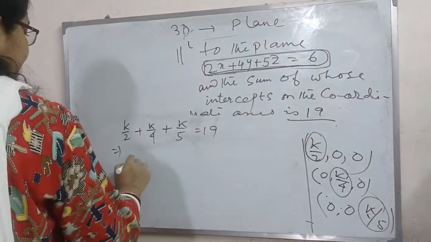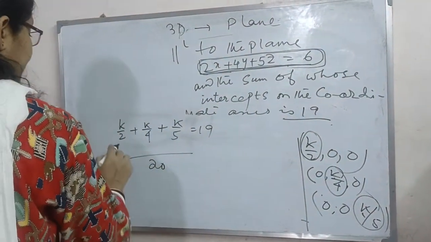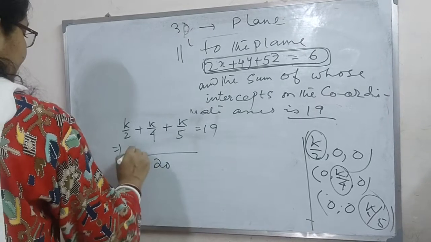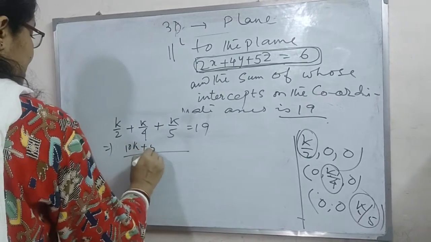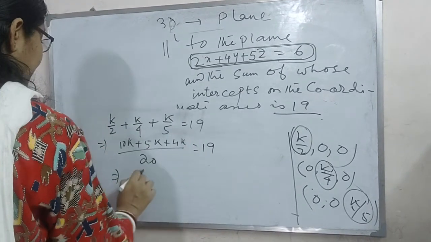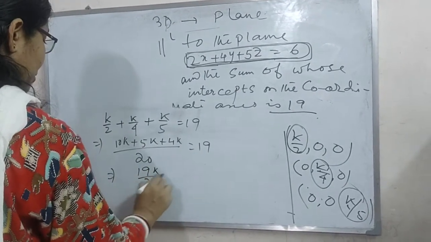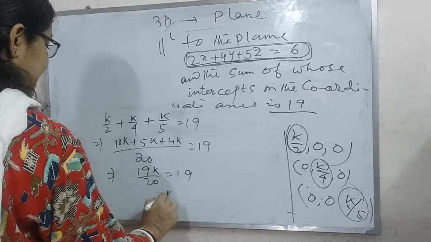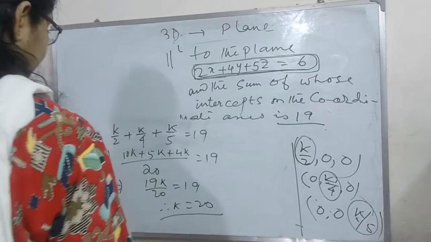Taking LCM 20, 10k plus 5k plus 4k over 20 equals 19. That means 19k by 20 equal to 19, that is, k equal to 20.